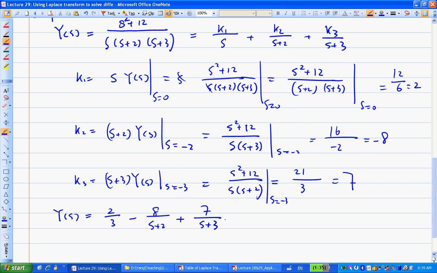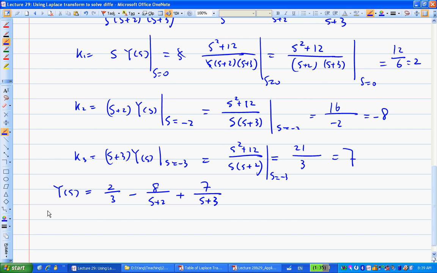Then we use the table to look for the inverse Laplace transform, which is going to give us y of t. Now this is 3, this is s, right? When you look at the table here, make sure you can find the right one.